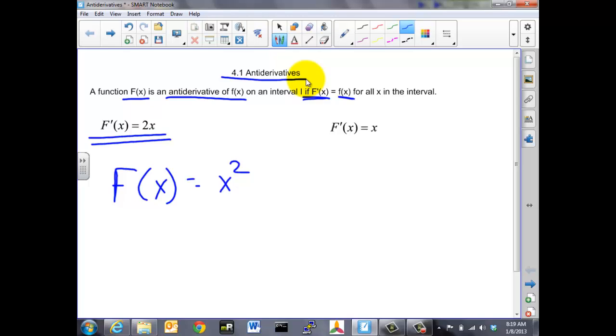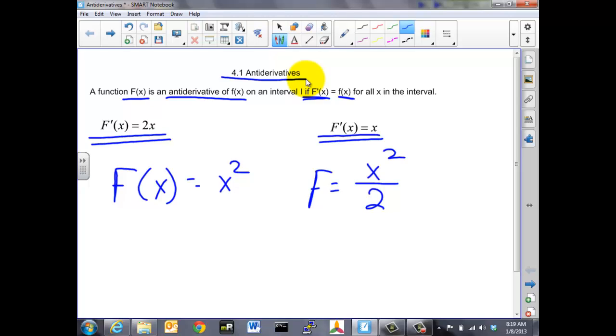What if f prime is x? What function has x for a derivative? Well, we had x over here, so it's going to be similar to that, isn't it? X squared over 2. That would be our function there, okay? Does that make sense?